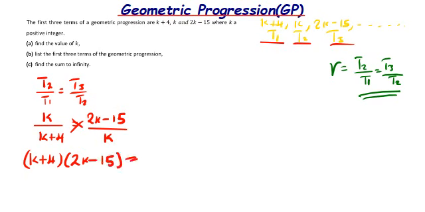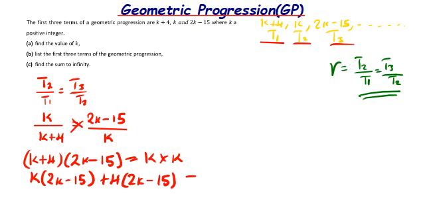This will be equal to k multiplied by k. And then k is going to multiply with 2k minus 15. Also positive 4 is going to multiply with 2k minus 15, like that. And k multiplied by k is k squared.